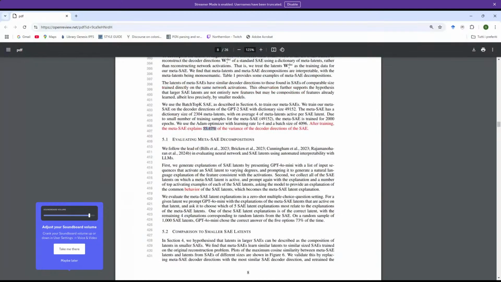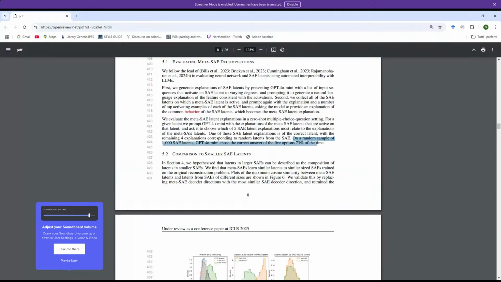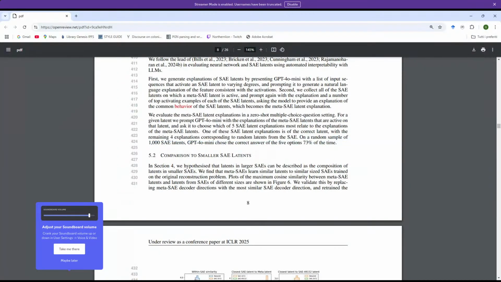One thing that I want to note is they did auto interpretability on these meta SAEs, and the way that they scored the explanations was by taking one sentence that activates that latent and four sentences that don't activate that latent, and they ask GPT-4 to pick one of them, given the explanation.